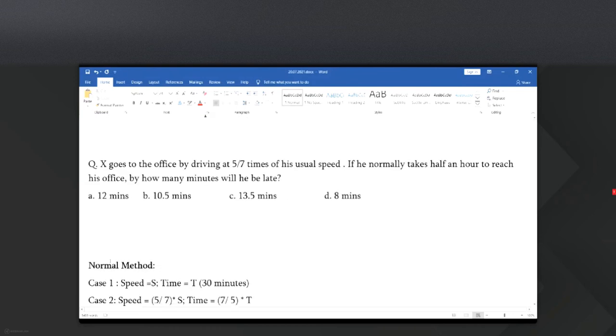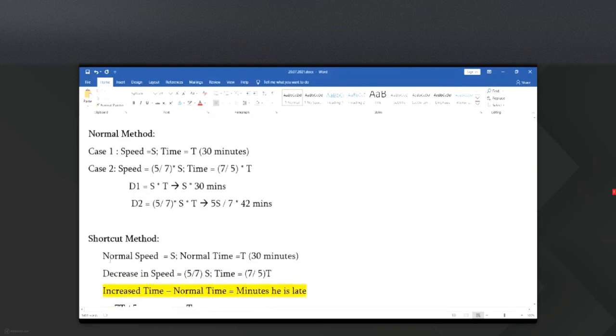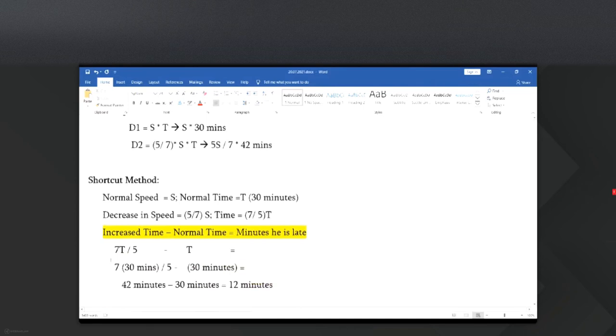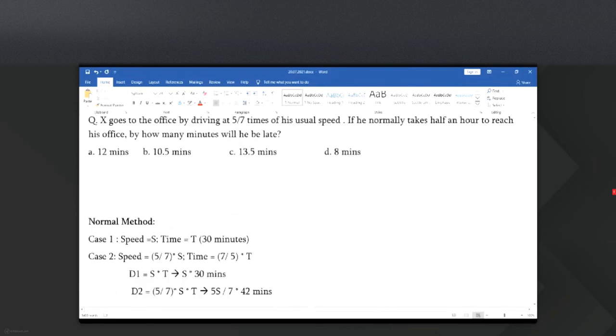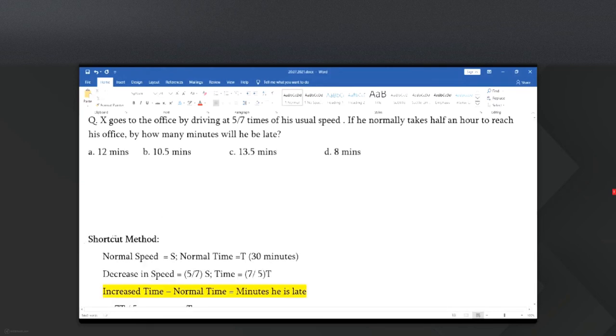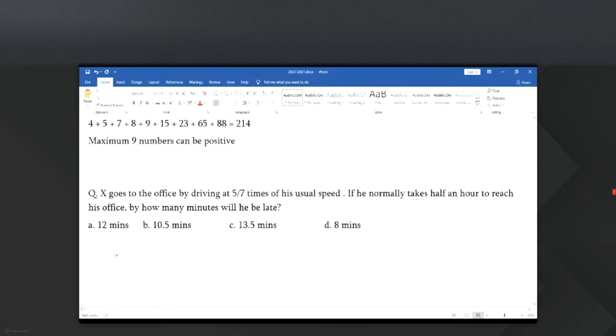Now, see, if you know that X goes to office by driving at 5 by 7 times his usual speed, let's suppose his usual speed as S. We'll assume usual speed as S. If he normally takes half an hour to reach his office, by how many minutes will he be late?